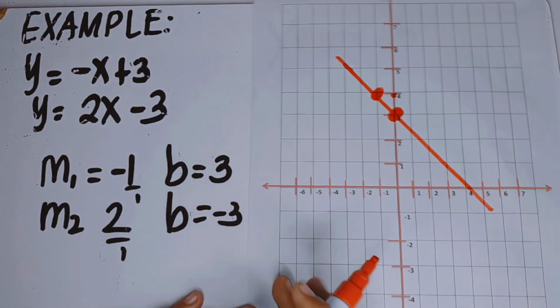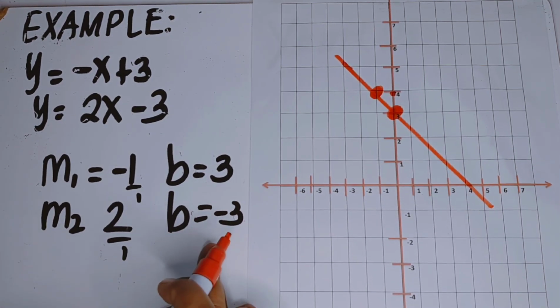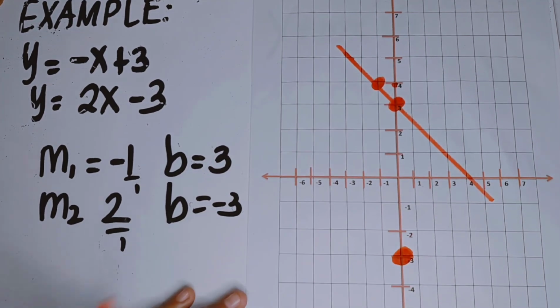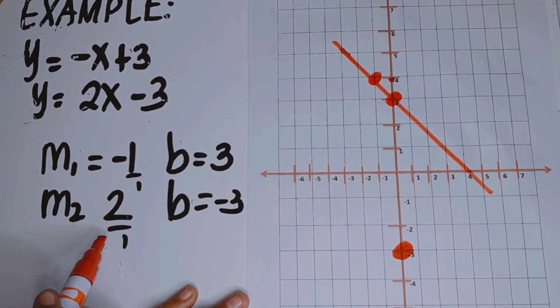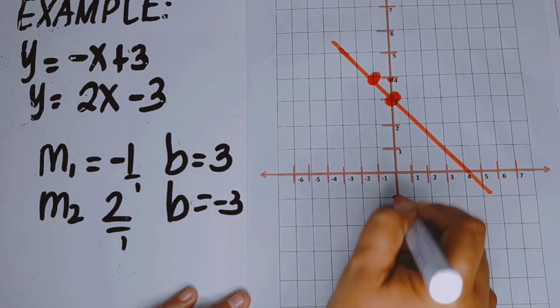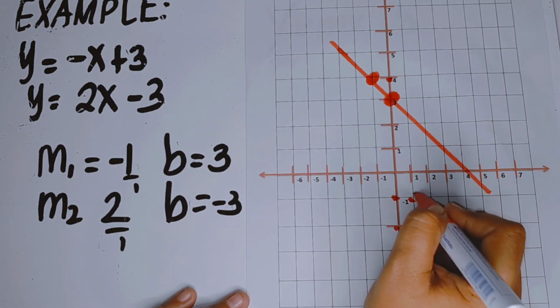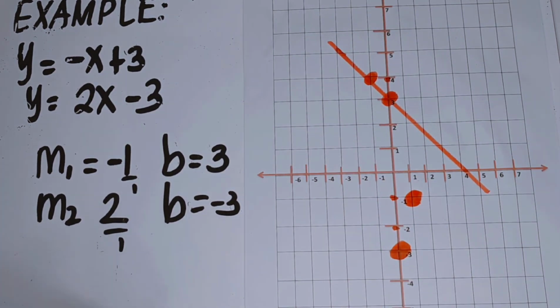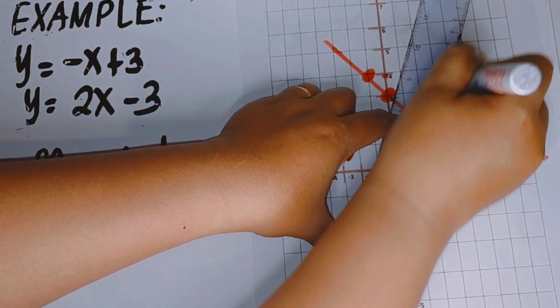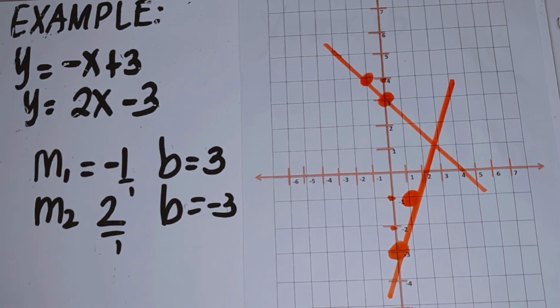The second equation is, ang y-intercept niya is negative 3. So, dito tayo magsisimula. Ang slope naman niya is equal to 2 over 1. Aakyat ng dalawa, then pakanan naman kasi positive. So, ayun. Na-graph na natin ang dalawang equation.